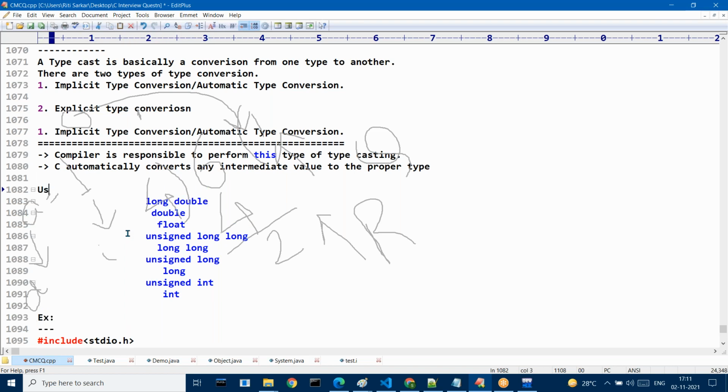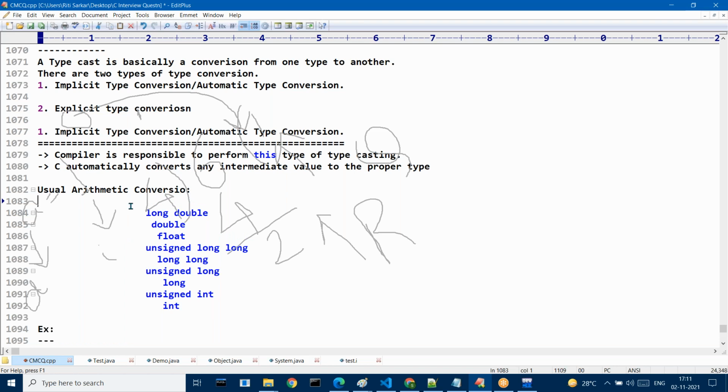This is usual arithmetic conversion. That means what? This int will be automatically converted to unsigned int.